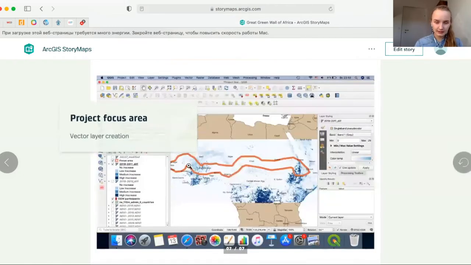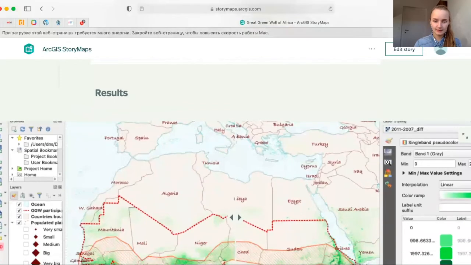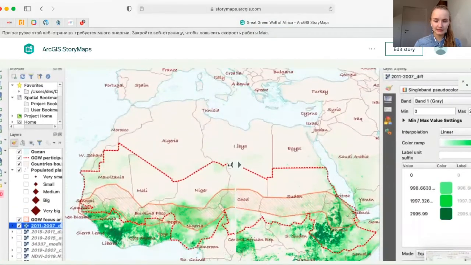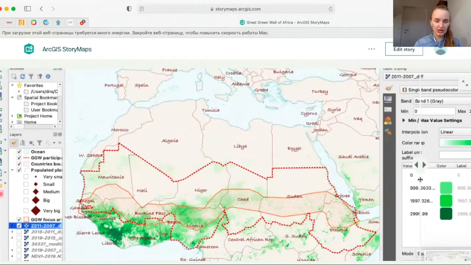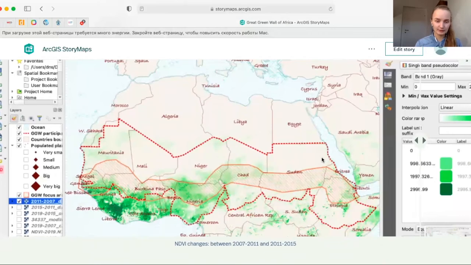I also drew a line around the focus area of the project. Now we can work with this focus area, participants, borders, and the NDVI changes themselves. Here you can see how I changed all the visualization of the map.